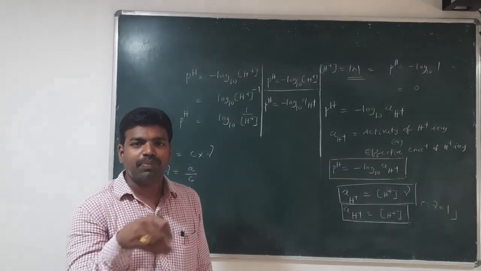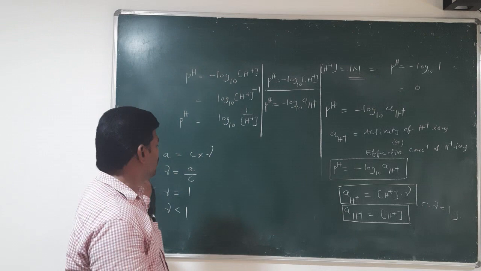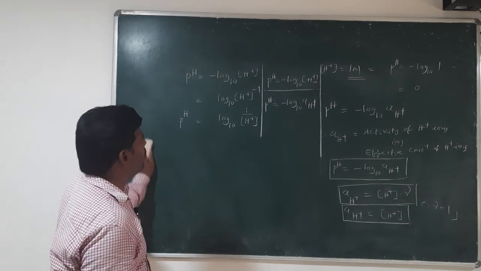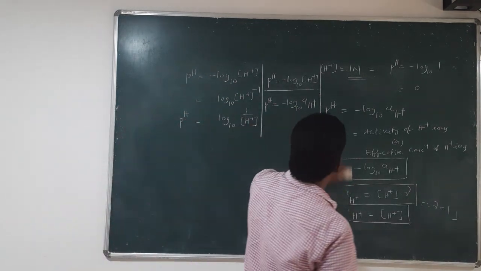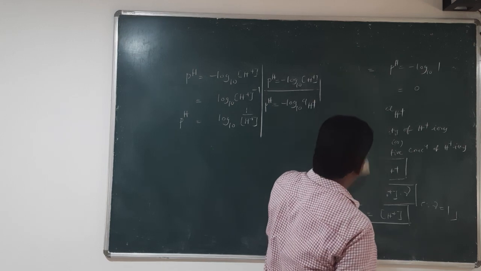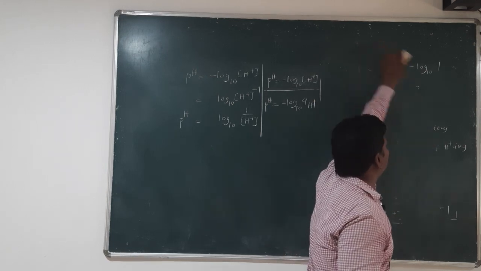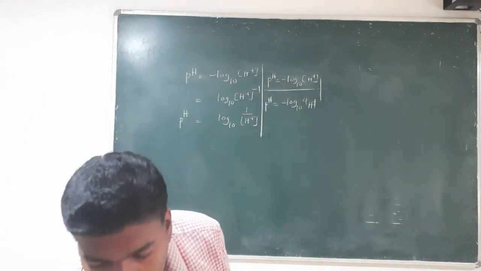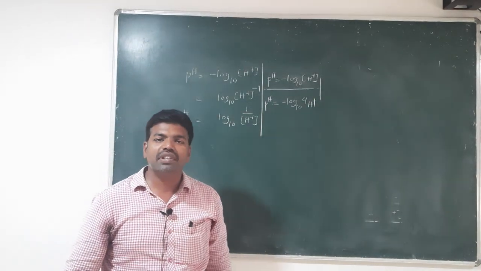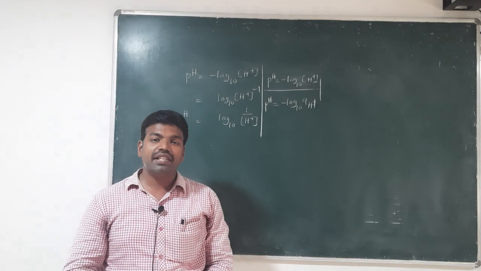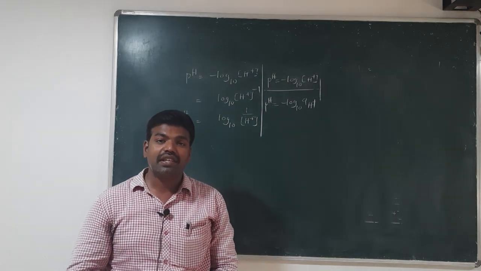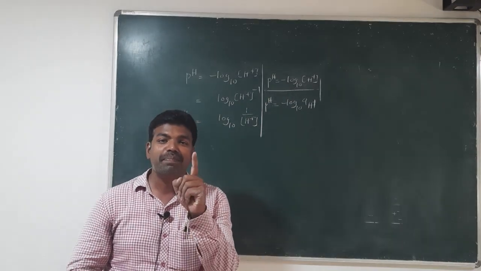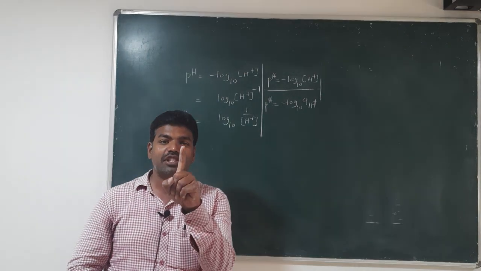So let me sum up this lecture. pH is negative logarithm to the base 10 of concentration of H plus ions.